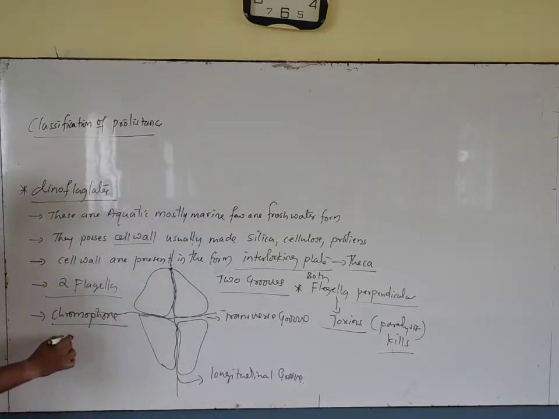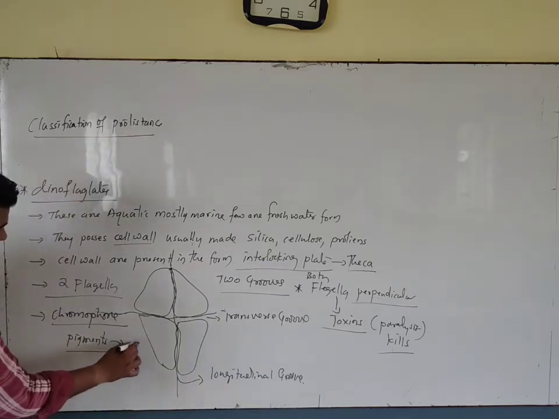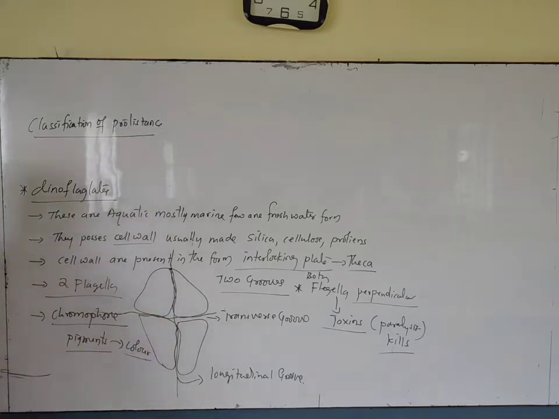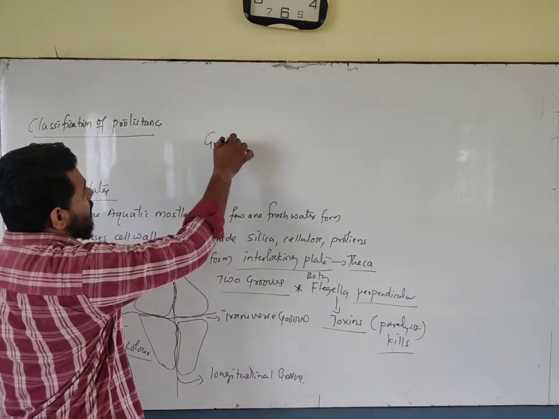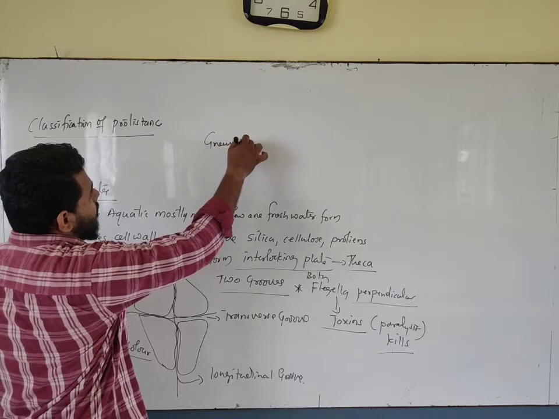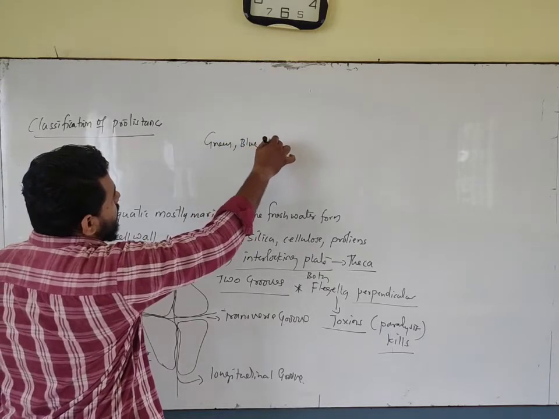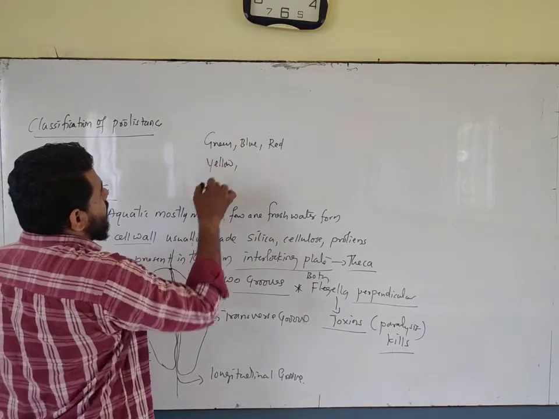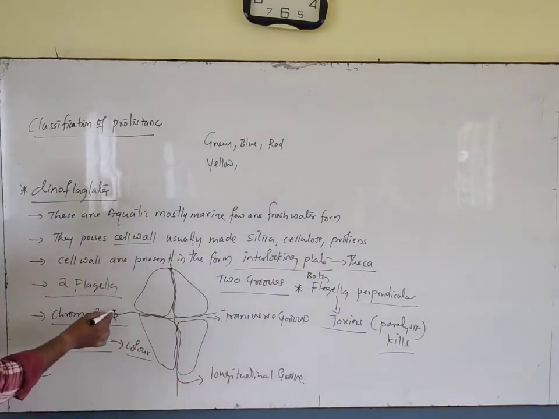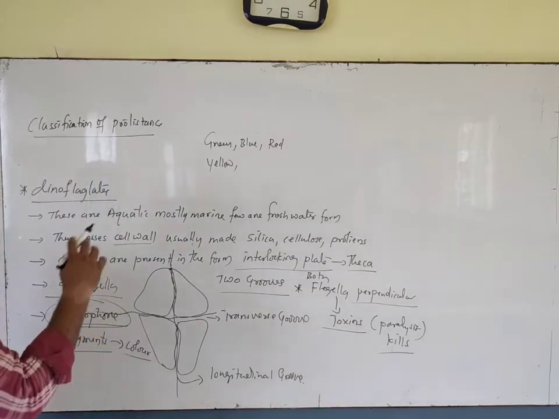These chromophores are pigments that show a particular color. So different colors, like green dinoflagellates, blue dinoflagellates, red dinoflagellates, or yellow dinoflagellates. Just because of the presence of these pigments, you will have different colors.